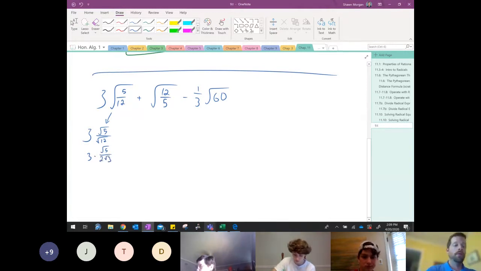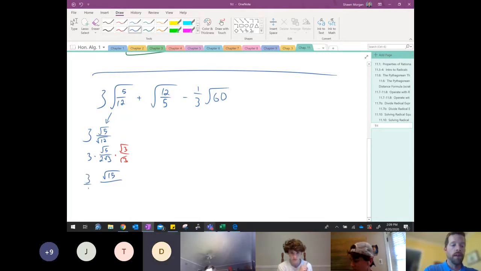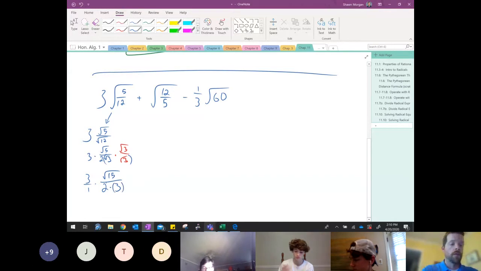Okay, and then when we rationalize that, and I'll put that in red, we multiply by square root of 3 over square root of 3, then that becomes square root of 15 up at the top, and don't forget we had a 3 out front, that becomes 2 times 3 down at the bottom, because radical 3 times radical 3 just becomes 3, right? So the 3's would cancel out.